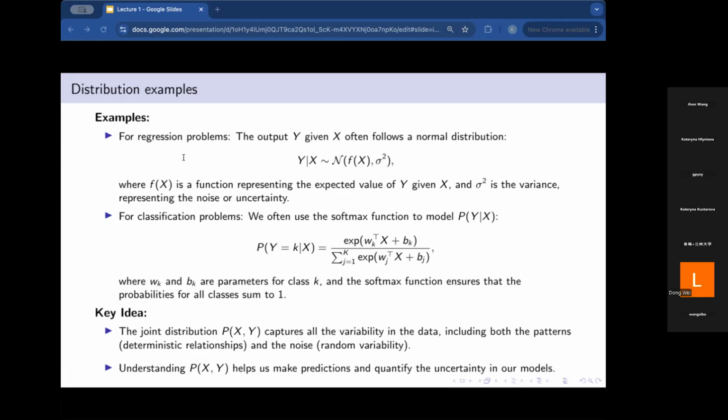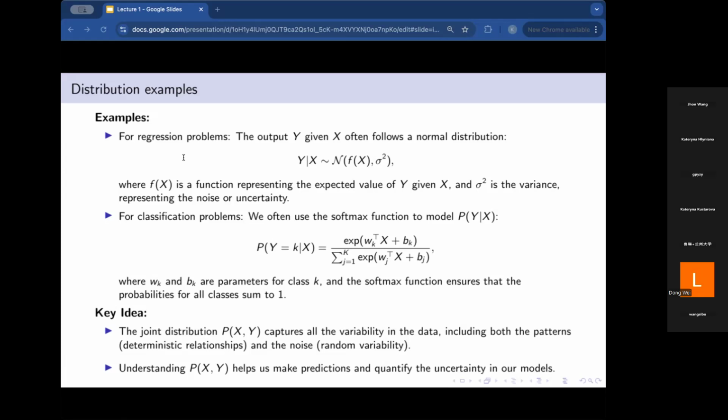We will go through some examples of how probability distributions are used in machine learning. For regression problems, the output Y given X often follows a normal distribution. We denote this by saying Y given X follows a normal distribution with a mean given by a function of X and a variance sigma squared.